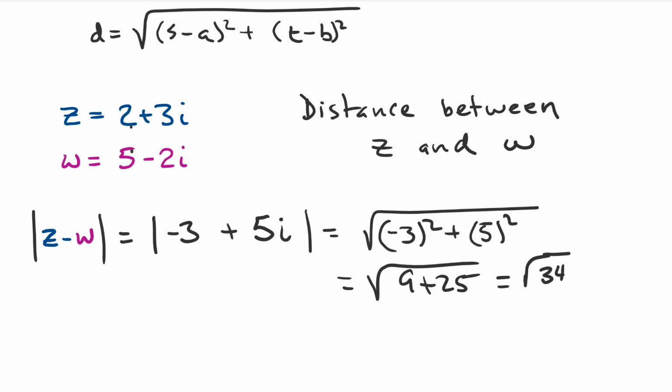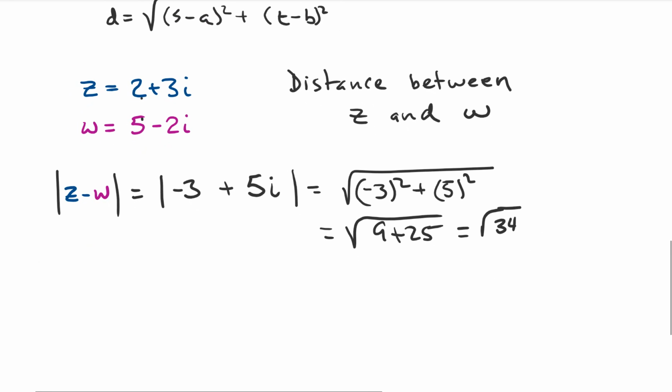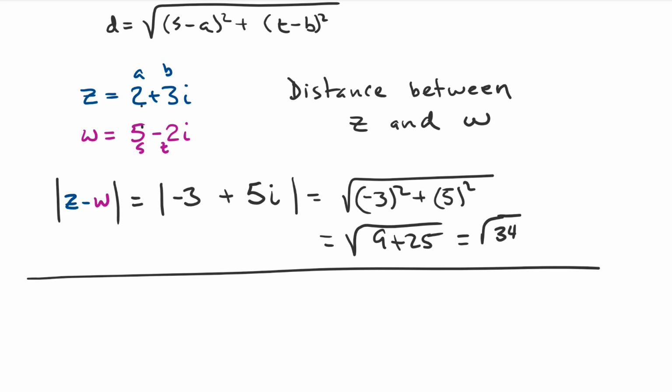So one way to find the distance between two of these complex numbers is to find the difference, and then square everything. It's all the same formula no matter how you do it. Or we could have just looked at it and said this is a, this is b, this is s, this is t, and then run through our formula from up top.